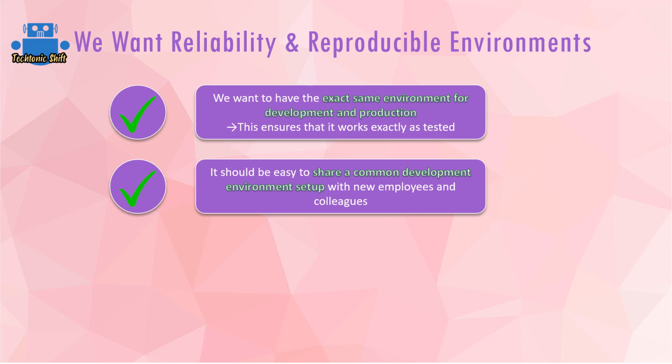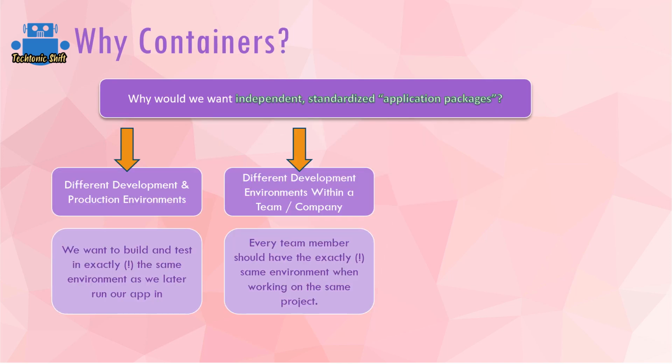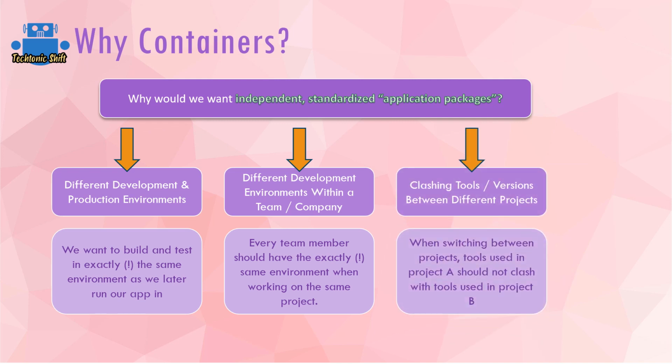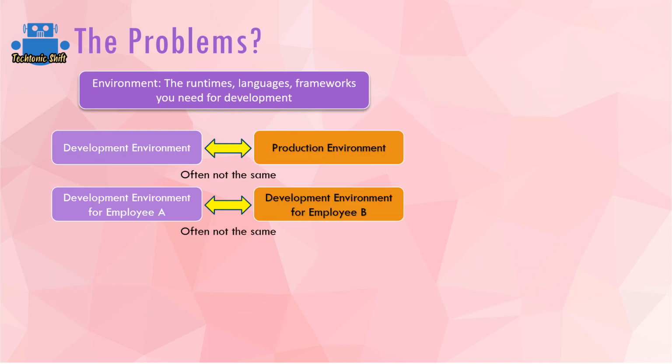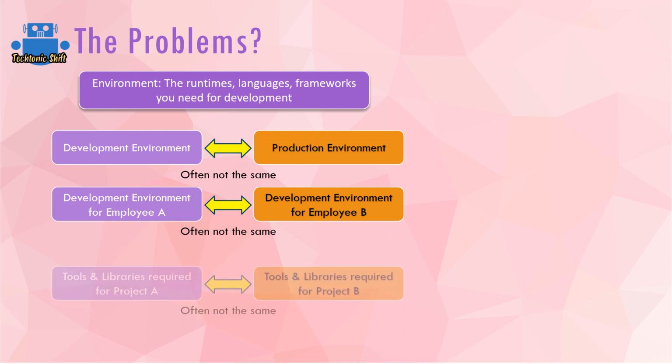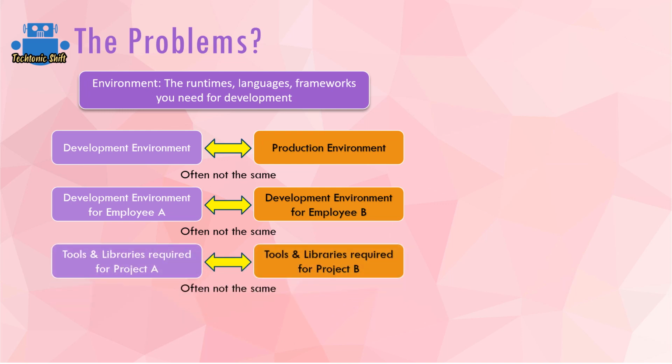And now last but not least, even if you are working on your own, then still Docker and containers could be very useful. Because if you have multiple projects on which you are working, then you might have clashing versions. Let's say one project uses Python version 2 still for whatever reason, another project uses the latest version of Python. The same maybe with Node.js or PHP or whatever kinds of projects.